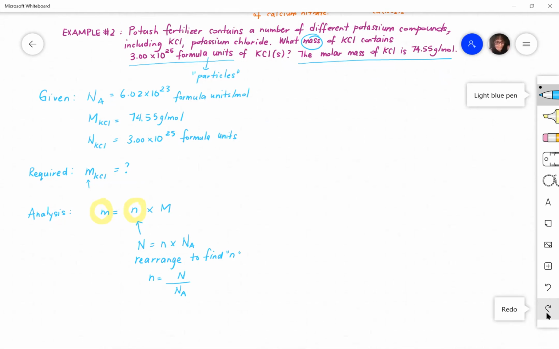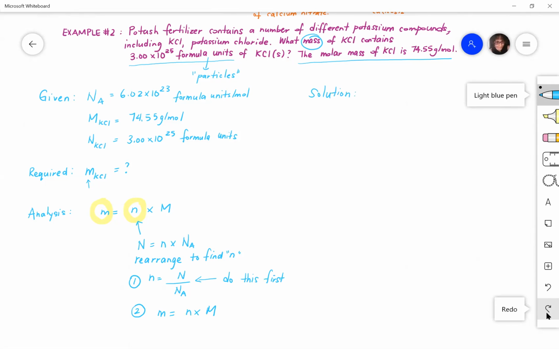So there's going to be a step 1 and a step 2 to our solution. We're going to need N first, and then we're going to need to find M. So it's going to be very important to do this part first. So this is how we're going to analyze the question. So let's solve.